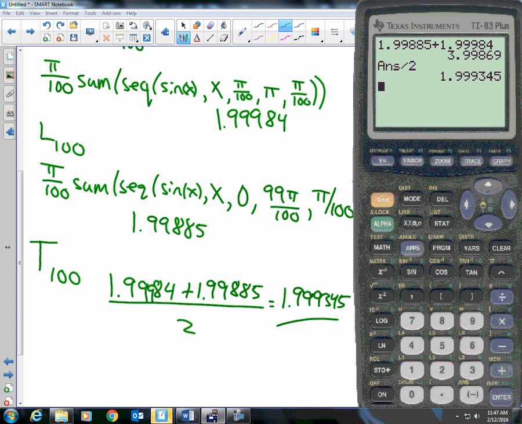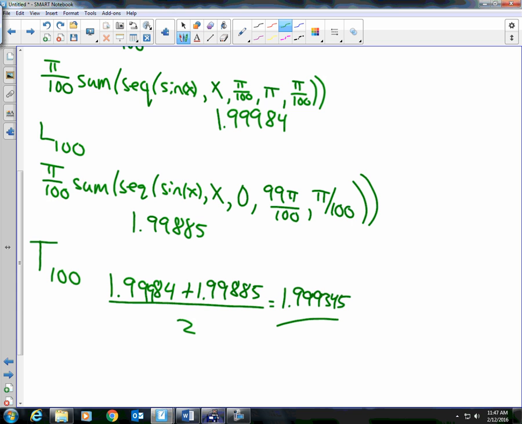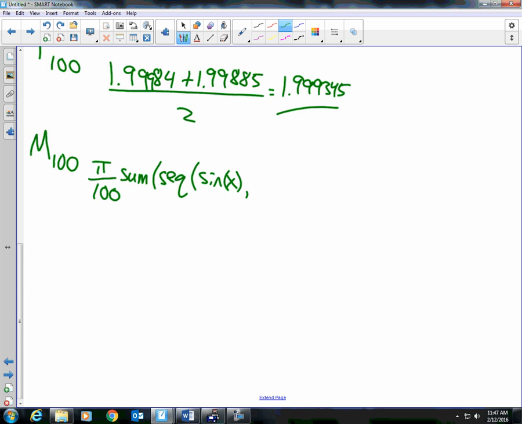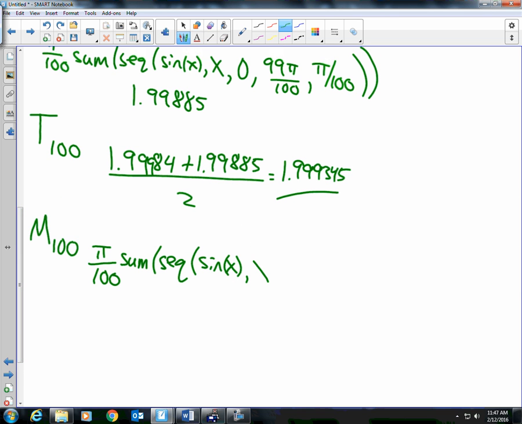What's the last one we have to do? The midpoint. I have pi over 100 times the sum of the sequence of sine of x. What do I put after sine of x? X. All I have to figure out is my beginning and my end.